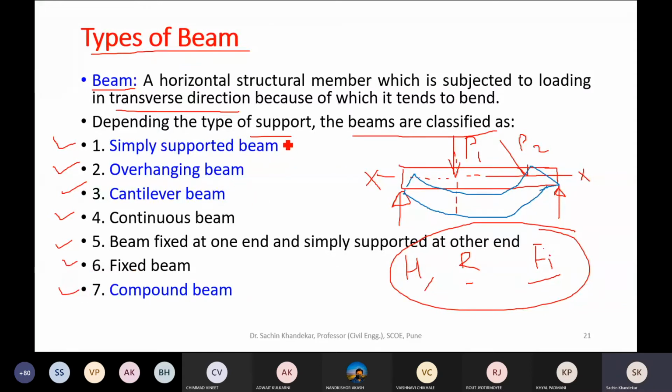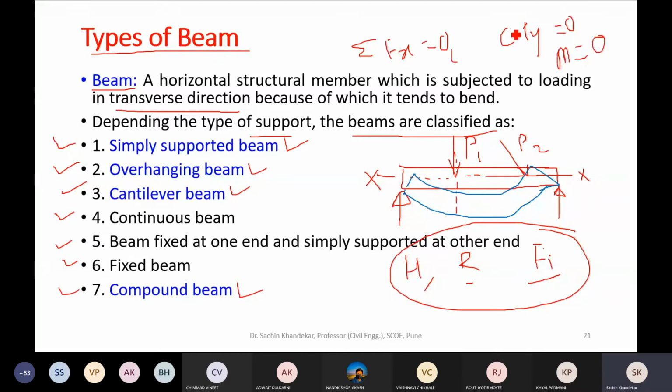In our syllabus, we are going to deal with only these blue colored beams. That means simply supported beam, overhanging beam, cantilever beam, and compound beam. For the analysis of all these four types of blue colored beams, we are going to apply those same, in general, three equations: sum of Fx equals 0, sum of Fy equals 0, and sum of moment equals 0.